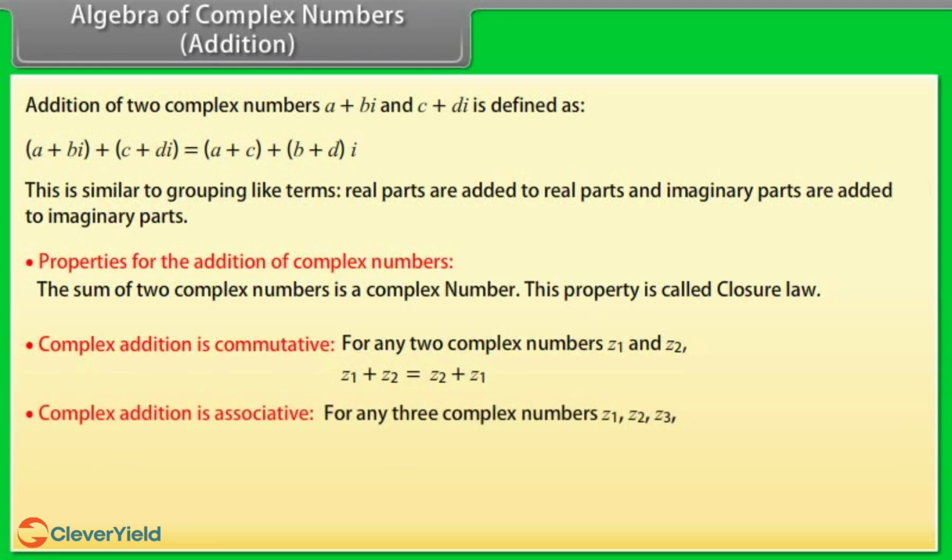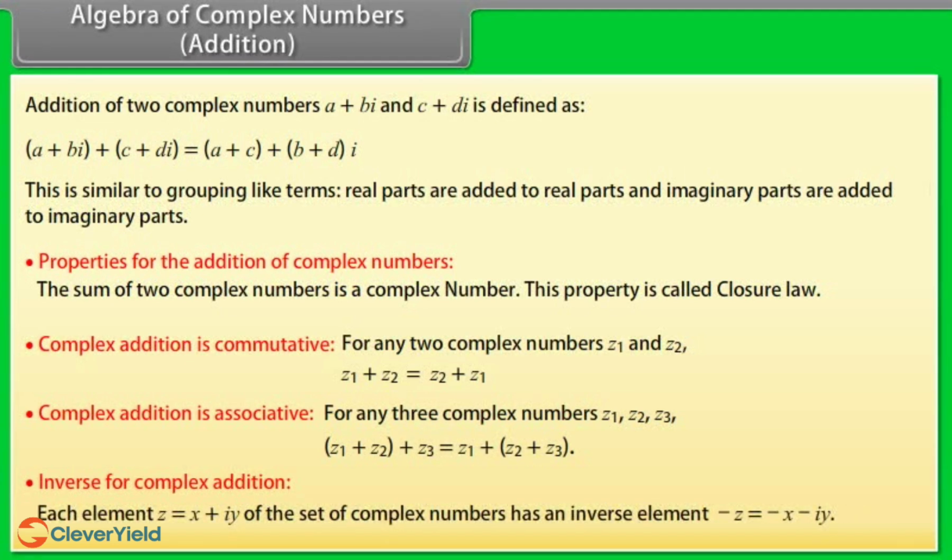For any three complex numbers, z1, z2, z3, z1 plus z2 plus z3 is equal to z1 plus z2 plus z3. Inverse of complex addition. Each element z is equal to x plus iota y of the set of complex numbers has an inverse element. Minus z is equal to minus x minus iota y.